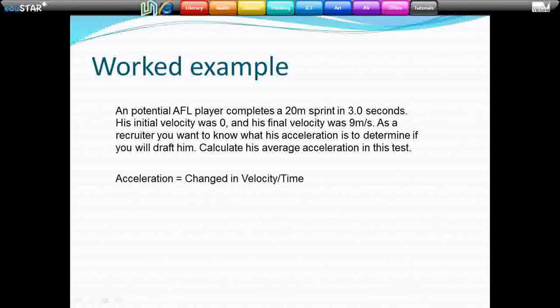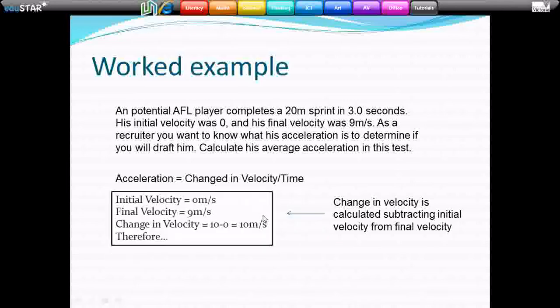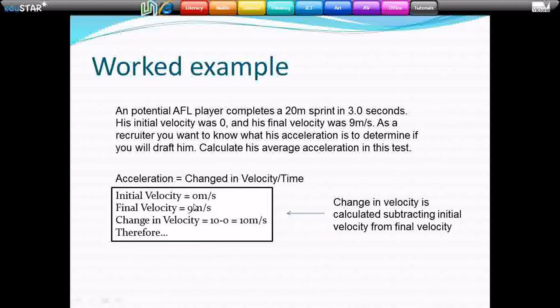So the formula for acceleration is acceleration equals change in velocity divided by time. And to calculate change in velocity, we need to subtract the initial velocity from the final velocity. And in this case, I've actually made a mistake there, sorry I didn't change it.